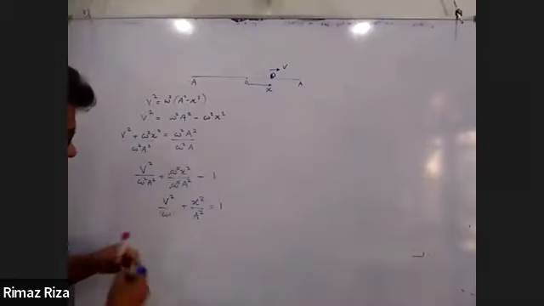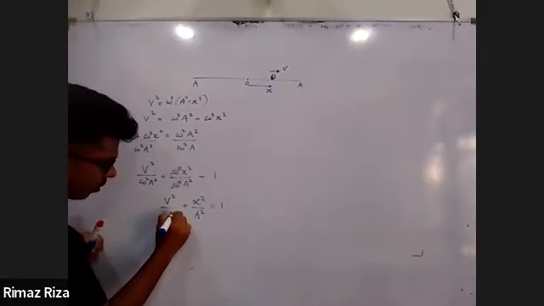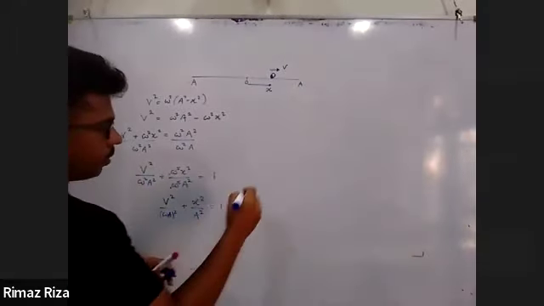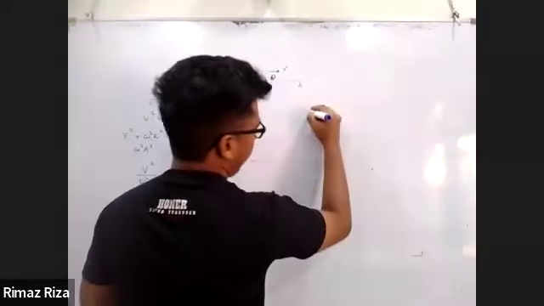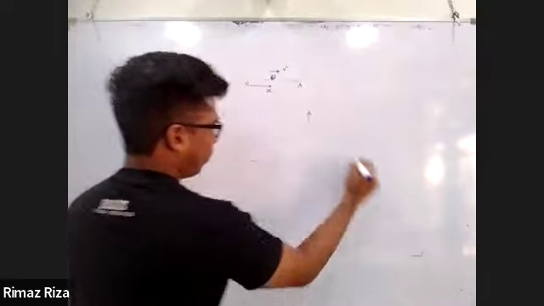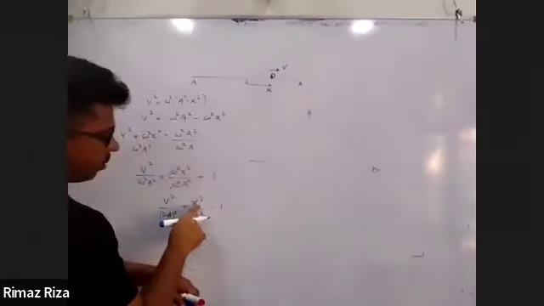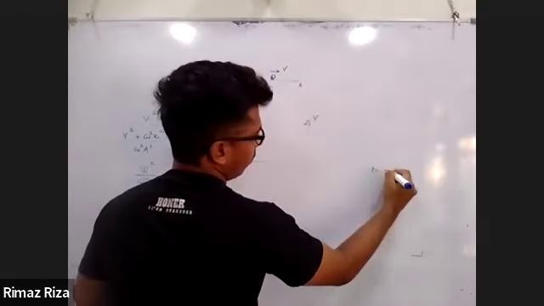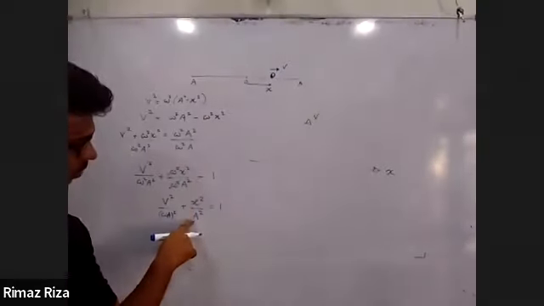So you can see this is the equation of an ellipse. I have the x axis and the v axis.